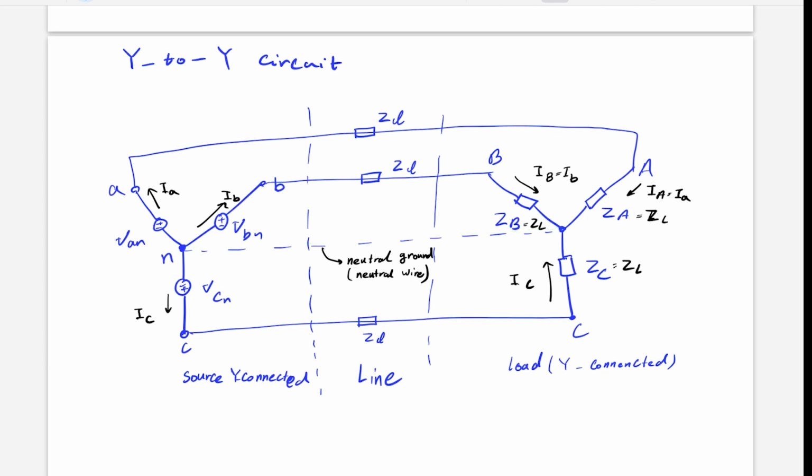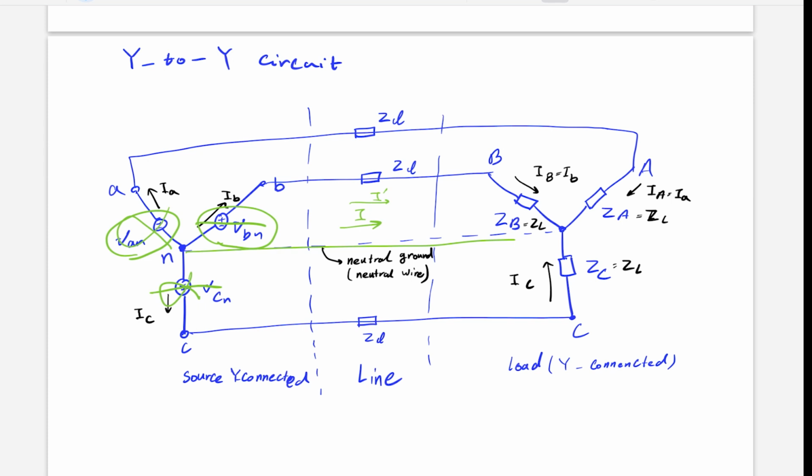To prove it, you need to go through superposition. You need to kill, for example, this source and this source, and just consider this source. Then we will have a current I passing through, and this I will have some phase. If you kill this source and keep this one, it will have another current, let's say I prime.